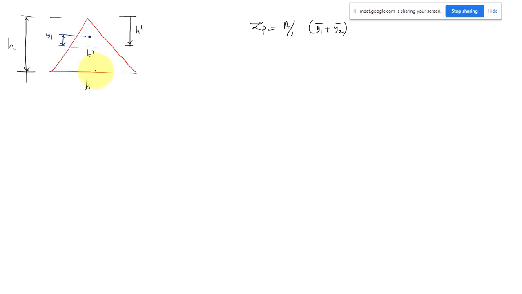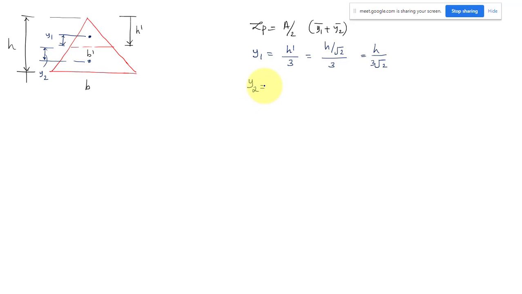Similarly, you have to locate the centroid of this trapezoid, that is y2. y1 we can directly write as h dash by 3. H dash is equal to h by root 2, so y1 is equal to h by 3 root 2.